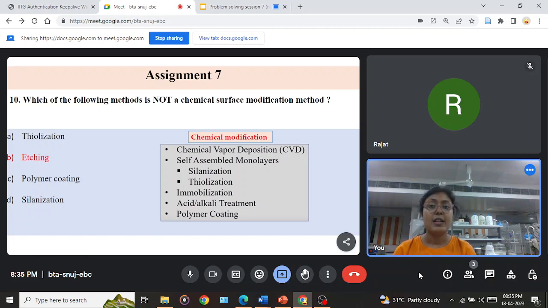All these are chemical surface modification methods, whereas etching or roughening may also involve plasma ion etching or reactive ion etching. These particular techniques are actually physical methods for surface modification and not chemical. So the correct answer for question number 10 is option B, that is etching, right?